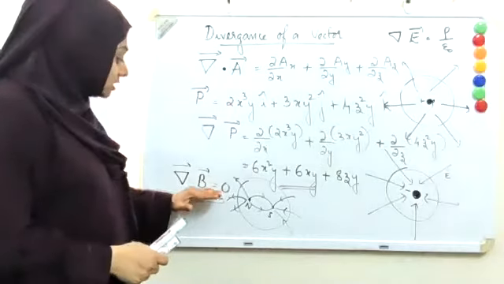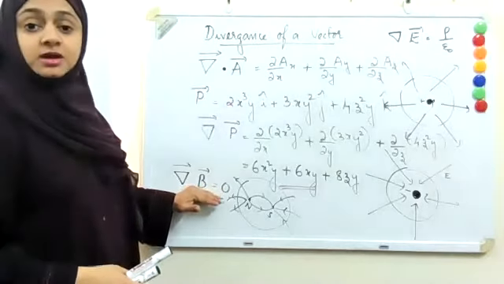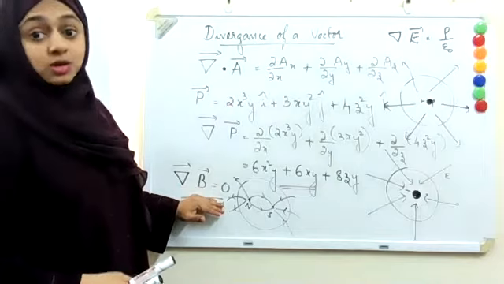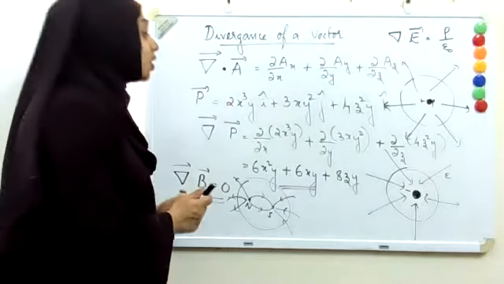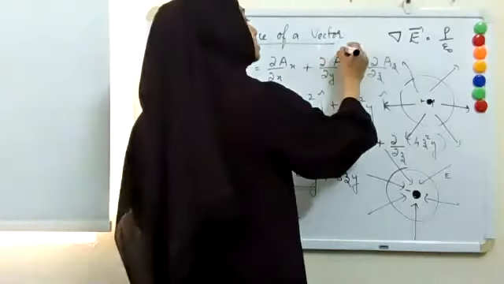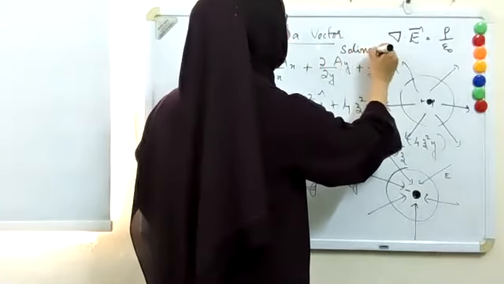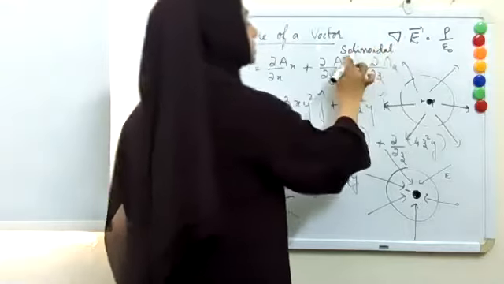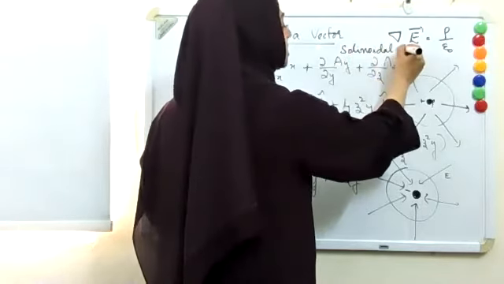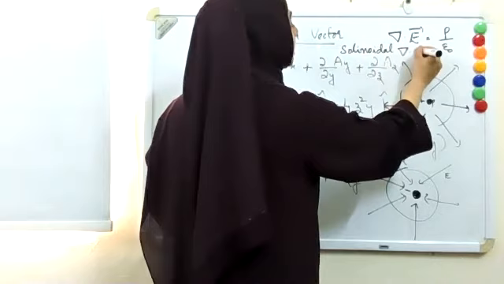We call all the vectors whose divergence is equal to zero solenoidal. Something is called solenoidal if del dot that quantity is zero.